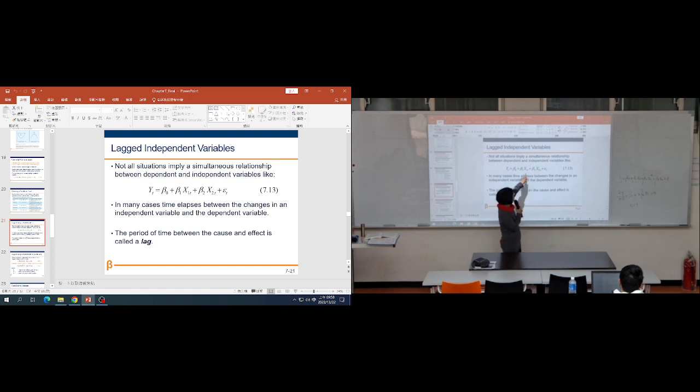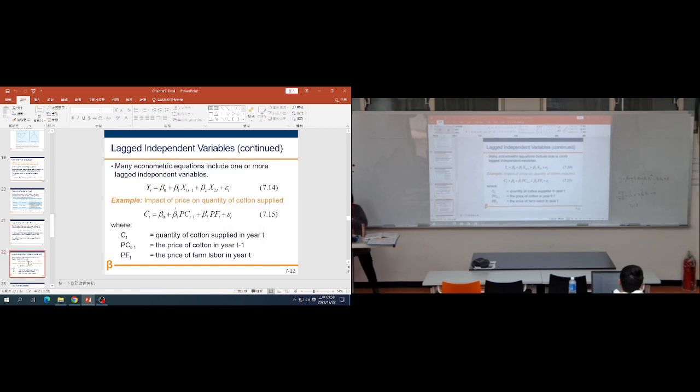If I put an example here, look at this one. This X1 is T minus 1 instead of T. In other words, this relationship between X and Y is using the previous year's X to affect the current Y.